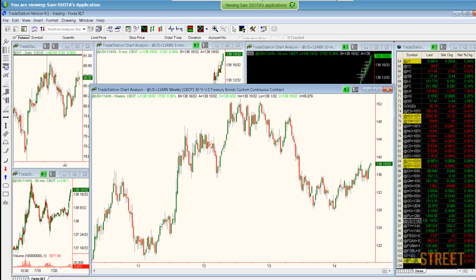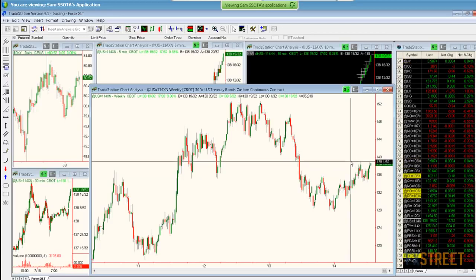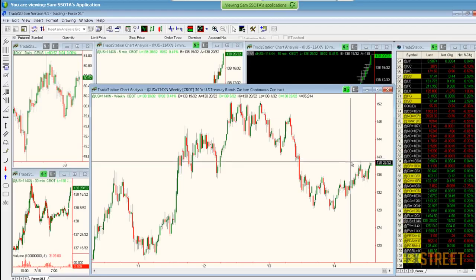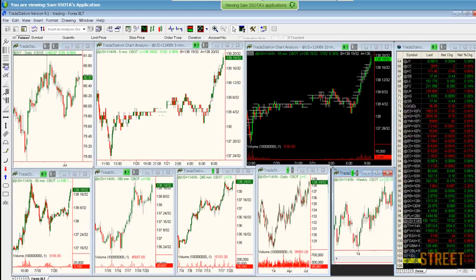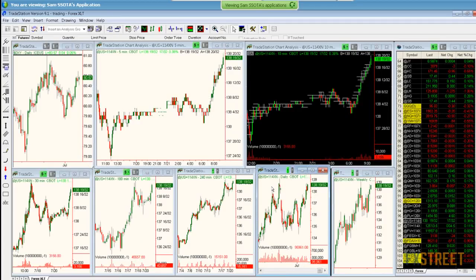We barely came into the supply zone. The fact that we barely touched it, I don't even know if you could say you touched it. If we came up there again, we would expect this to be a pretty strong level. However, you do have a couple demand zones below, so I wouldn't look for the 30-year to really crash anytime soon. You're really stuck in between those two areas.